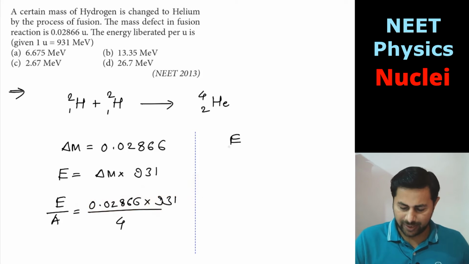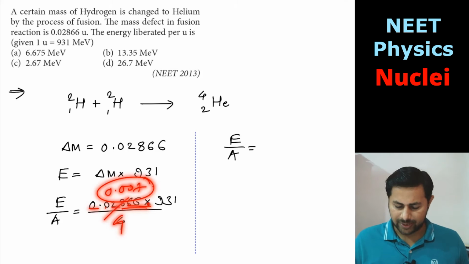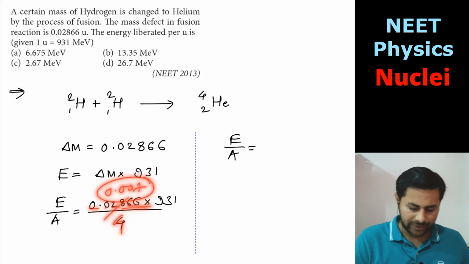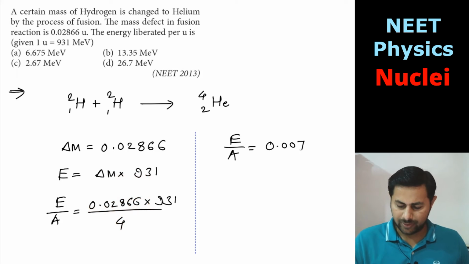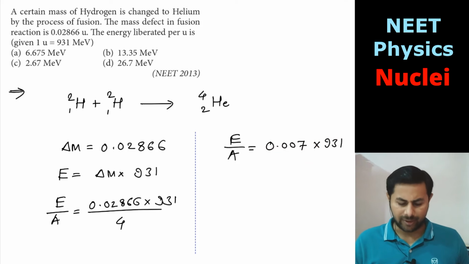So you have E by A, energy liberated per nucleon, is 0.028. If you divide this thing by 4, it will give you 0.007 and something extra. 0.007 times 931. If it was 1000, then the answer would be 7 mega electron volts, but this is not 1000, it's slightly less than that, so 6 point something.